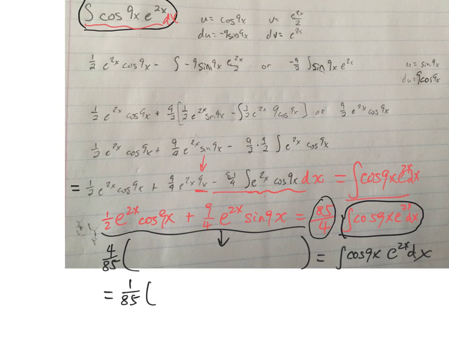Distribute 4 into this term, you get 2e to the 2x cosine 9x plus, and when you distribute this 4 here, 4 and 4 cancel, so you're left with 9e to the 2x sine 9x plus a c at the end.